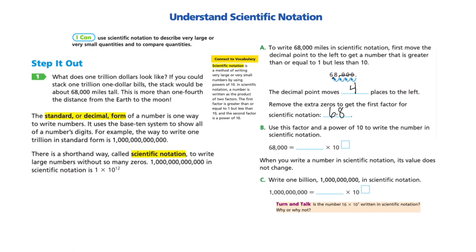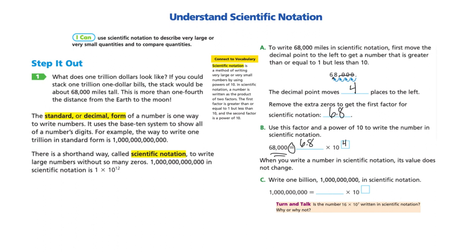Use this factor and a power of 10 to write the number in scientific notation. So 68,000 equals 6.8, that's our first factor. And because we had to move that decimal point 4 places to get to 6.8, it's 6.8 times 10 to the 4th. When you write a number in scientific notation, its value does not change. So these are equal. 6.8 times 10 to the 4th is the same as 68,000.